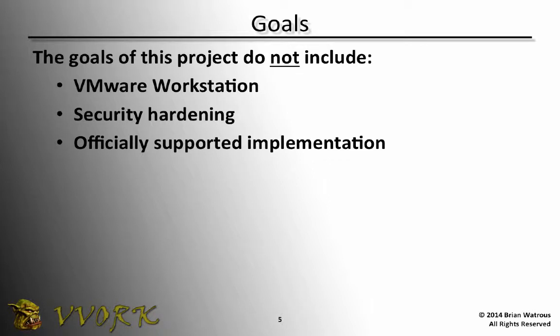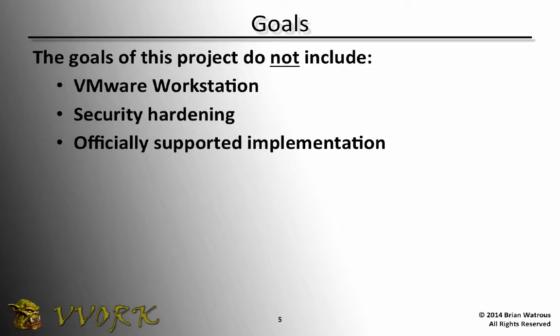On the other hand, there were some possible goals that I chose to not include in this project. For instance, one of them was I did not have VMware Workstation in mind in this particular project because I have a MacBook Pro and I'm running Fusion, so naturally it made more sense for me to go the Fusion route.